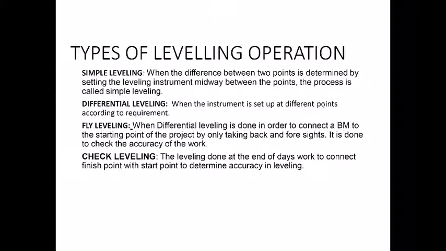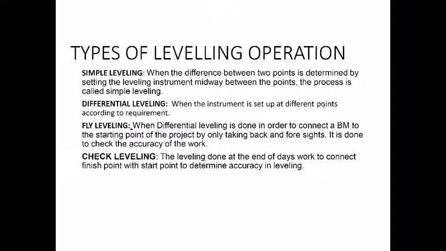So the job is done, but just to make sure that the work you did was correct, now that you have the reduced level of the point D, you can find out the reduced level of point A, which is known already, but once again. And if the reduced level of point A comes out to be similar to what it was before, 100, that means all the work you did midway for the point B, point C, and point D is correct.